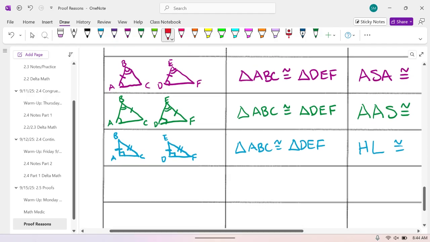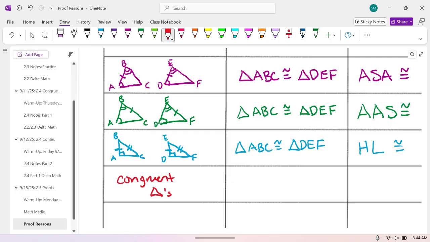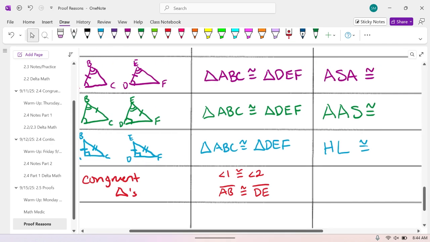So the next one is just if we're talking about any kind of congruent triangles. So we can say angle 1 is congruent to angle 2, or side AB is congruent to side DE. Now, we can claim after we've proven congruent triangles that any side or angle that's corresponding to each other are congruent because of CPCTC.